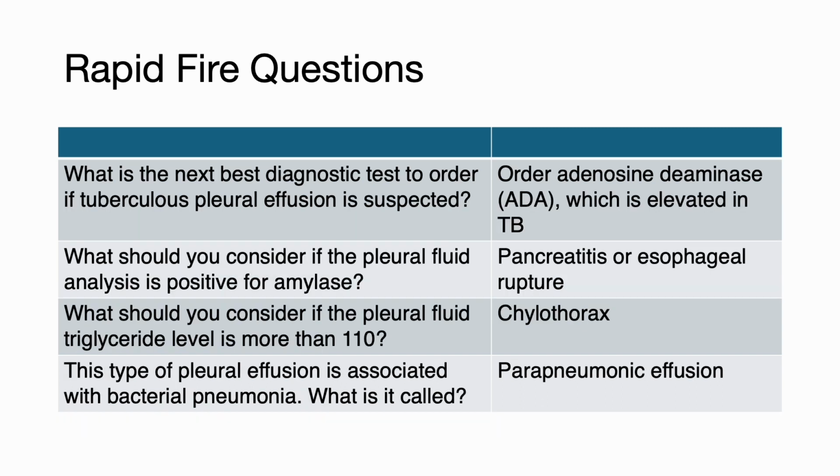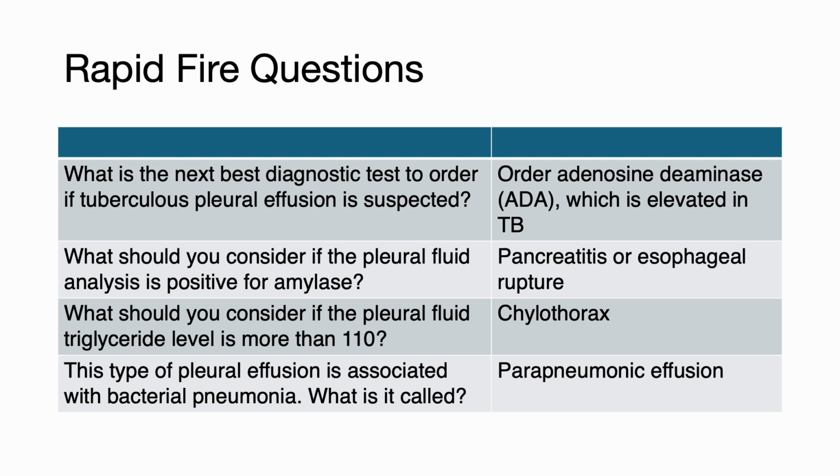What is the next best diagnostic test to order if tuberculous pleural effusion is suspected? Order adenosine deaminase, which is known to be elevated in TB. What should you consider if the pleural fluid analysis is positive for amylase? Pancreatitis or esophageal rupture. What should you consider if the pleural fluid triglyceride level is more than 110? Chylothorax.